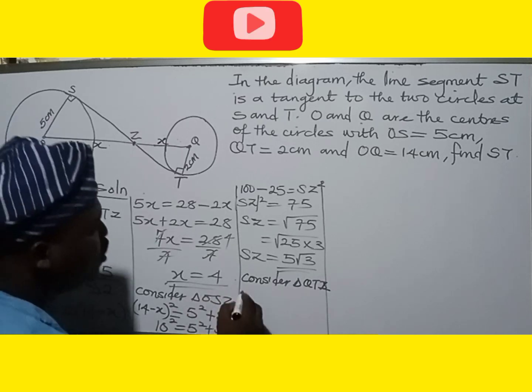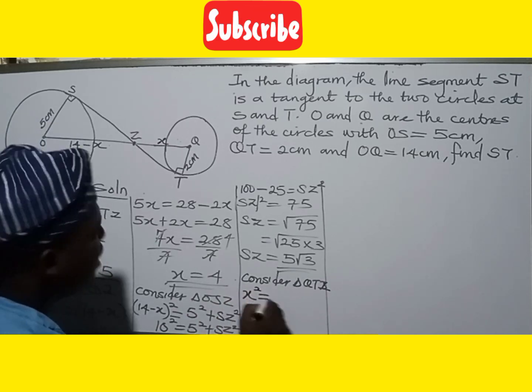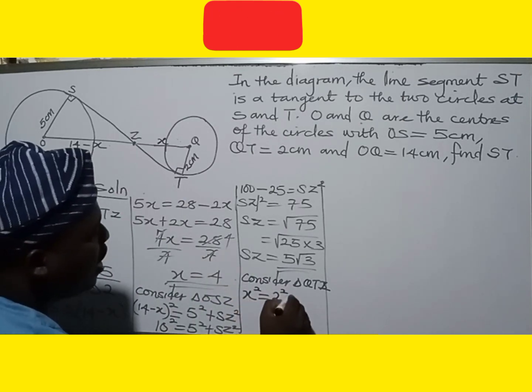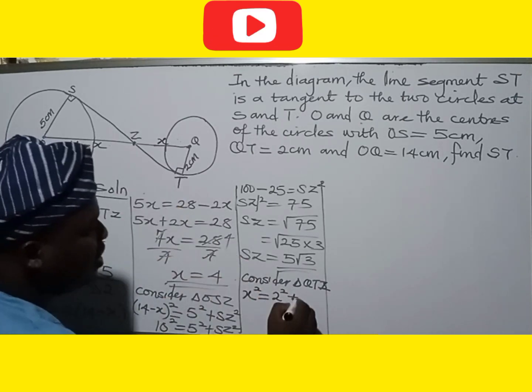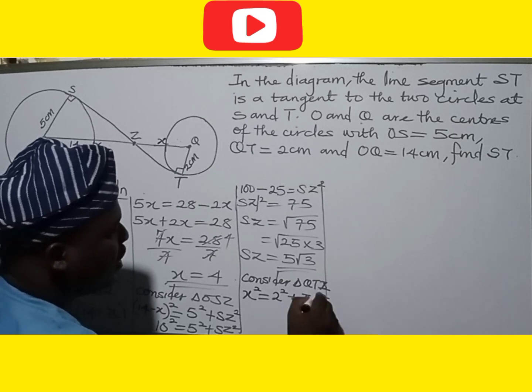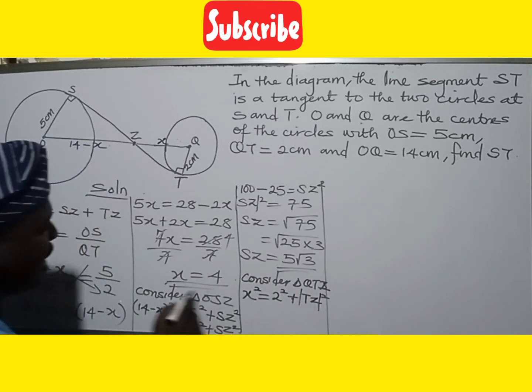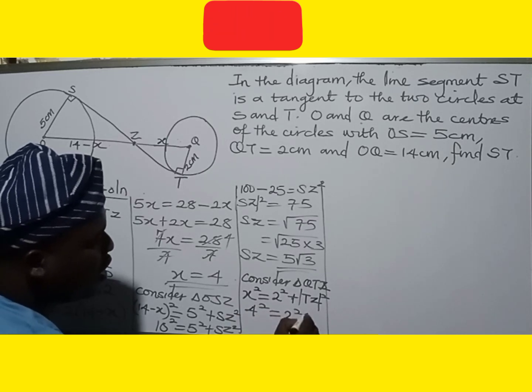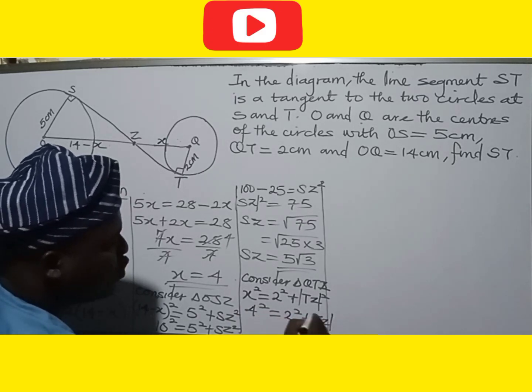That means I'm going to have x squared is equal to the sum of the squares of the other two sides. I have 2 squared plus TZ squared. Our x is 4, so I have 4 squared is equal to 2 squared plus TZ squared.